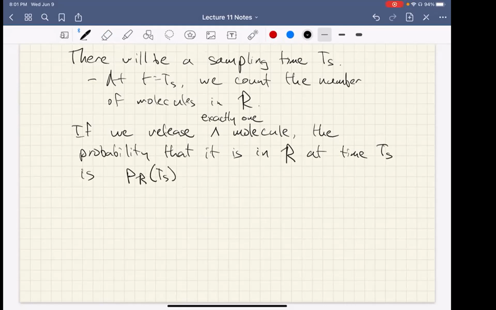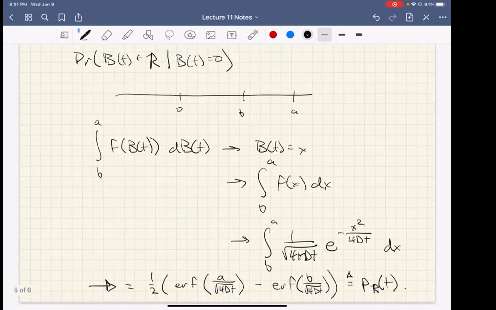You can go back to the previous page if you like and substitute TS in everywhere, and you get PR of TS.